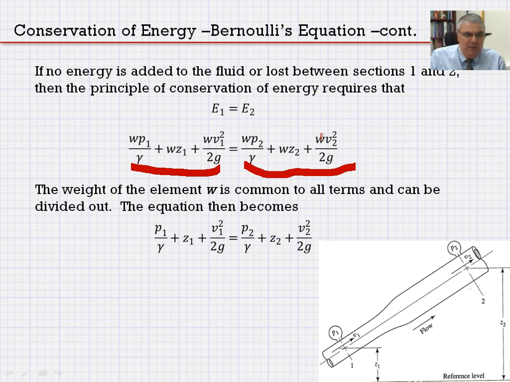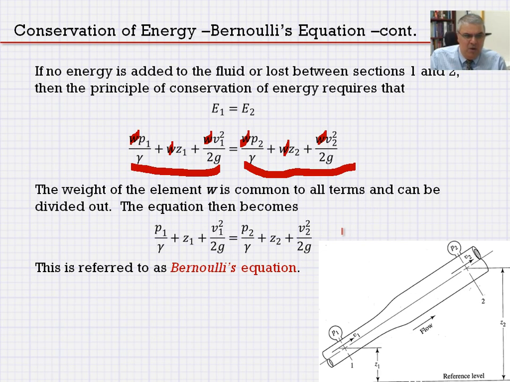We equate them. We drop the W terms out. These are the common terms that could be factored out from each side of the equation and dropped from both sides. So P sub 1 divided by gamma plus Z sub 1 plus V sub 1 squared divided by 2g would be equal to this equation that you see here.